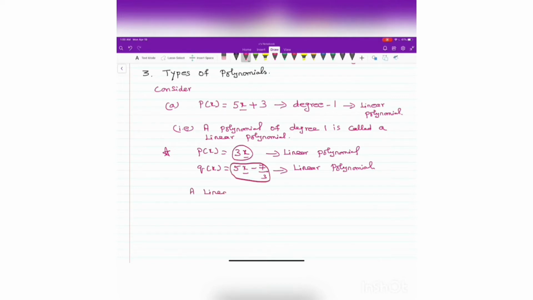A linear polynomial can be a monomial or a binomial. It's a very important point. Okay, let me underline this. A linear polynomial can be a monomial or a binomial. Very important point.